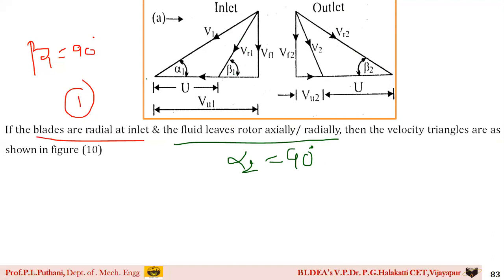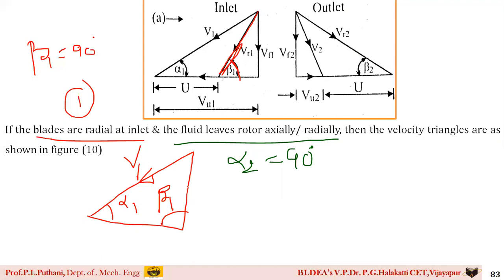First begin with the inlet velocity triangle. Where is beta 1? This particular angle is equal to 90 degrees. So what will be the sketch of my velocity triangle now? Please observe here. Beta 1 is equal to 90 degrees, as I have shown. The remaining angle is alpha 1. This is V1.